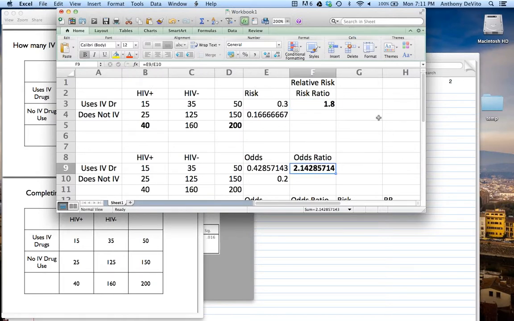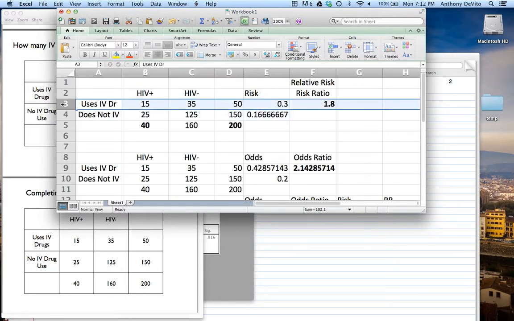The question is, how do I know what is big enough numbers? Can I just say, well, it's almost double, or this one's double? Can I say that that's enough to say that I think there is an association here between whether or not you use IV drugs and HIV positive?